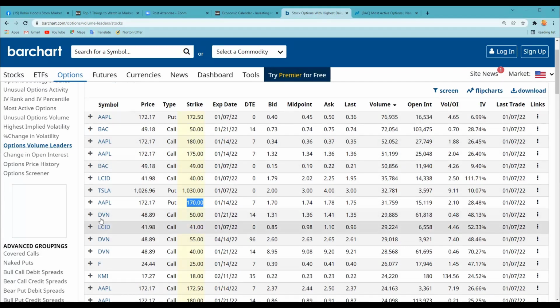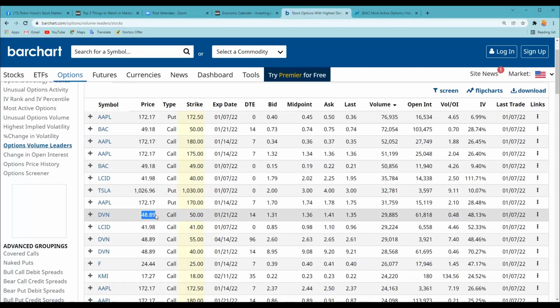Next one down is DVN, which is currently at just under $49, but we see a couple strike prices. We have a $50 strike price here, we have a $55 strike price there, but with a much longer expiration. But we also have a $40 call strike price, which is obviously in the money. But you know, it could be selling activity as well.